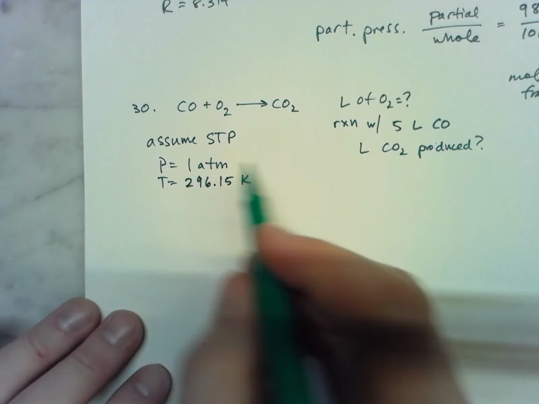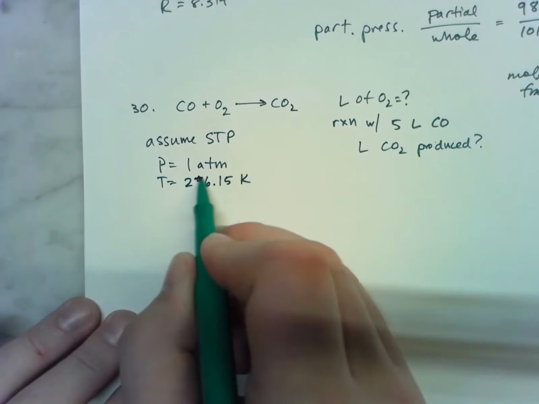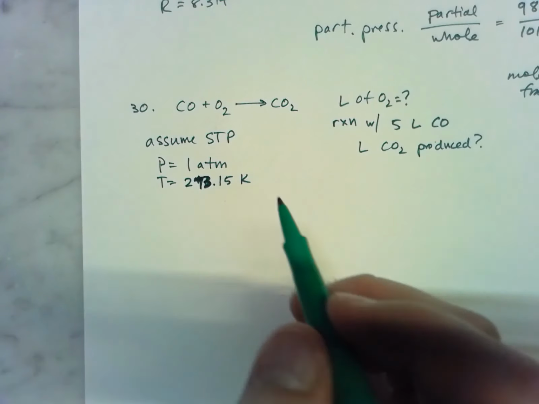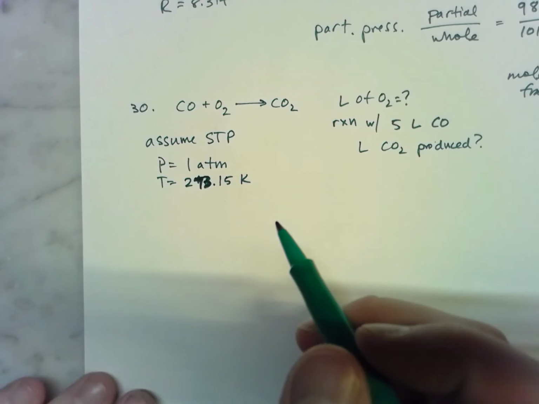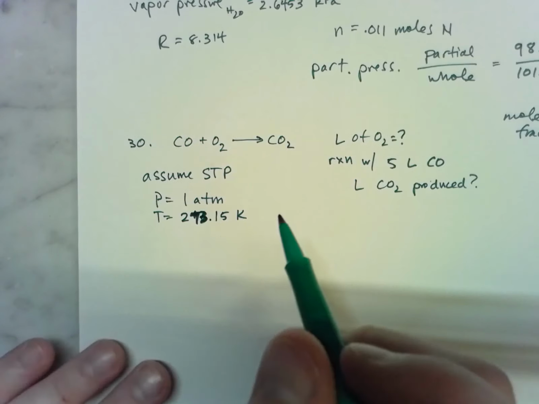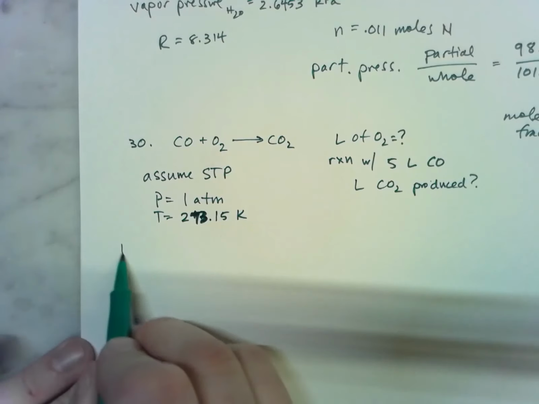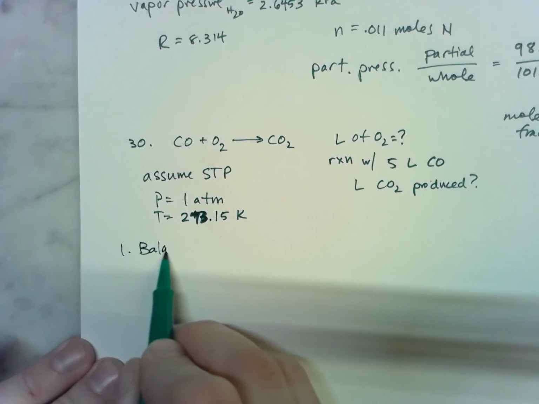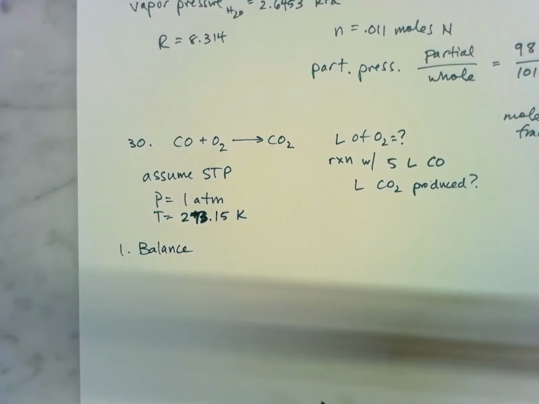No, it's at 0 C. Oh, sorry. 273.15 K. All right, and let's see what we need to do. All right, what's the first thing we need to do? We need to balance. Okay, can't do anything until we balance.